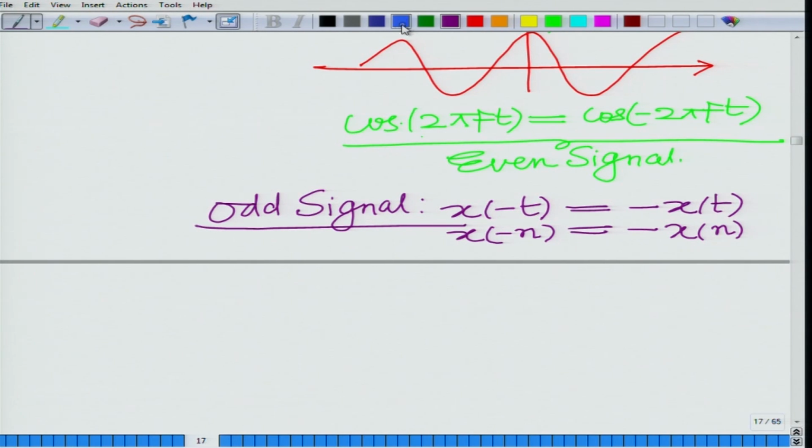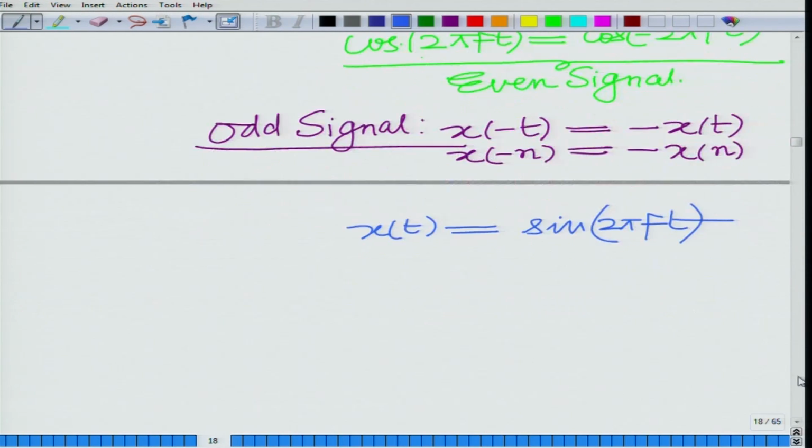And again, another classic example of an odd signal is x of t equals sine of 2 pi f t.